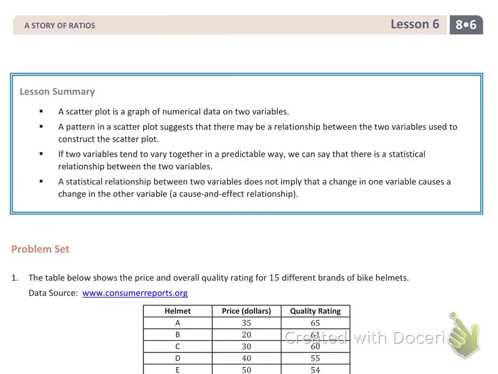So a scatter plot is a graph of numerical data on two variables. And remember we said that word two variables, we're going to use bivariate. A pattern in a scatter plot suggests that there may be a relationship between the two variables used to construct the scatter plot.